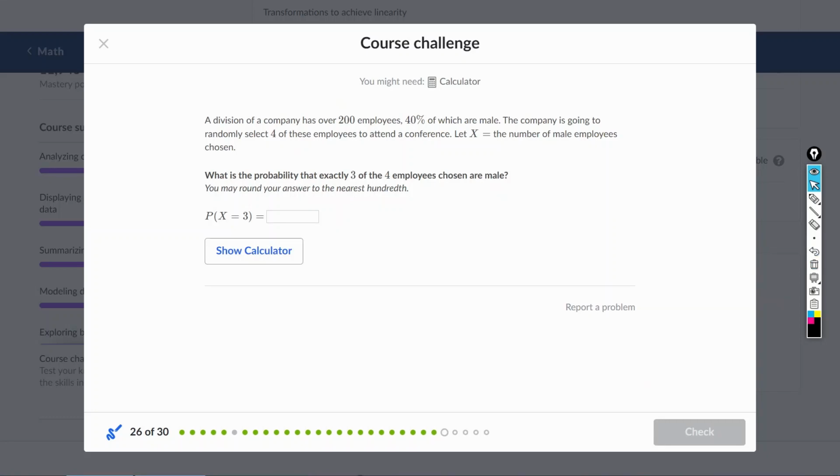OK。A division of a company has over 200个 employees, 40% of which are male. The company is going to randomly select 4 of these employees to attend a conference. Let X be the number of male employees chosen.